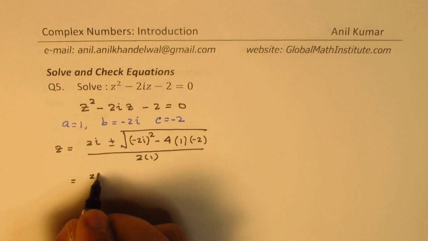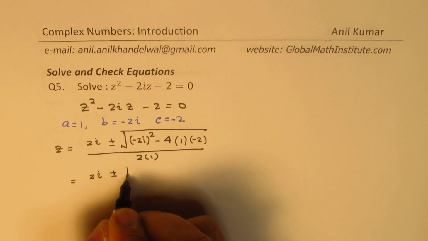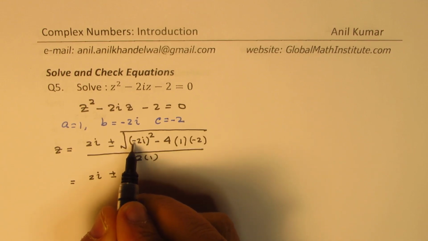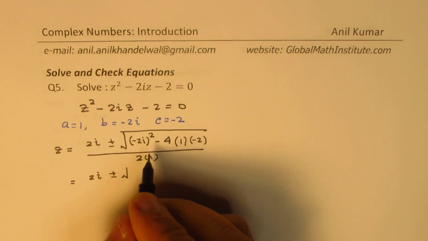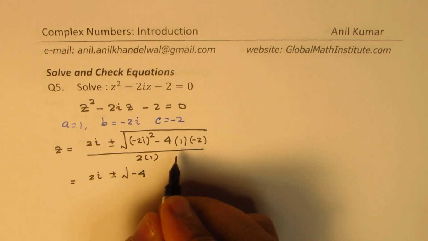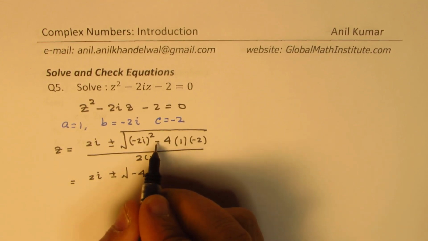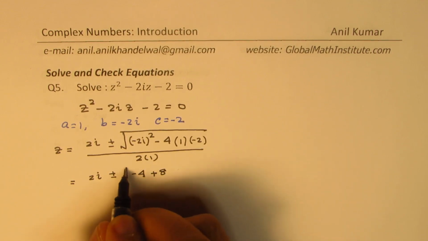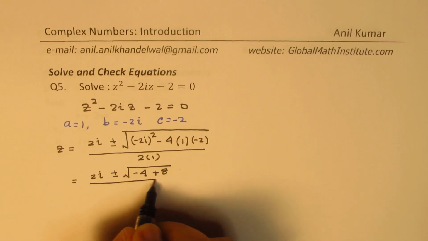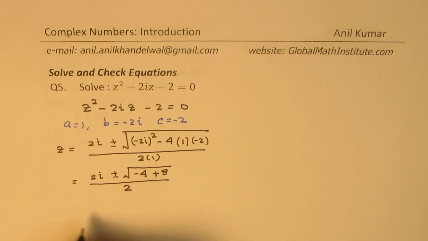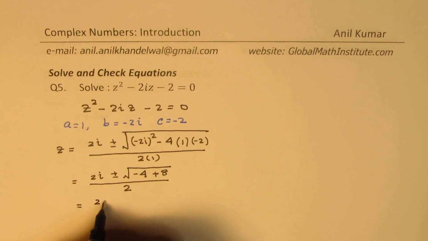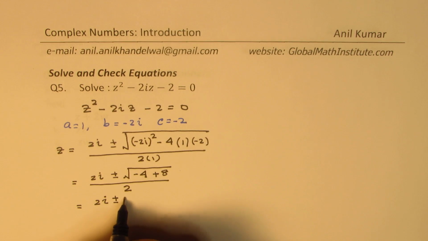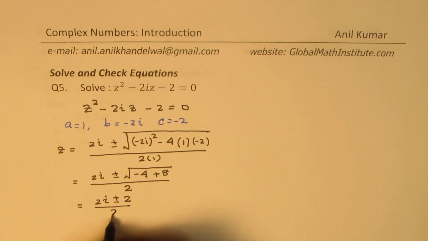So which gives you 2i plus minus square root of, so that is minus square is positive, 2 square is 4, but i square is minus 1, so we get minus 4 here. And here we get minus and minus is positive, so we get positive 8. Divided by 2. Now that gives you 2i plus minus square root of 4, which is plus minus 2 over 2, correct?